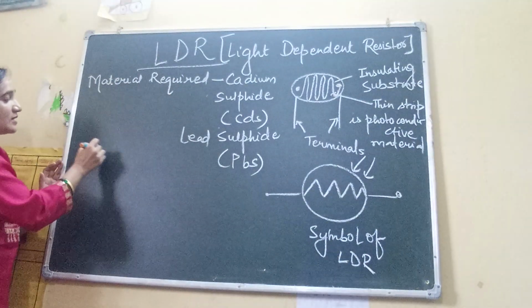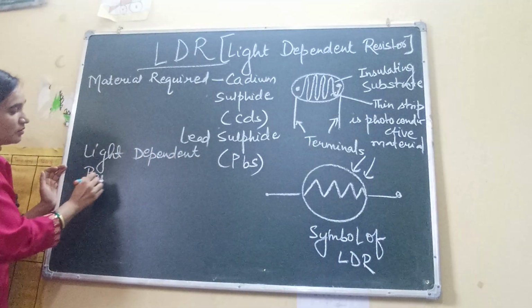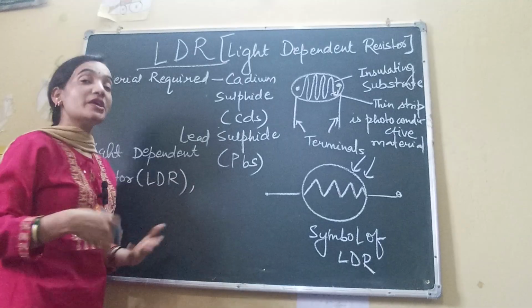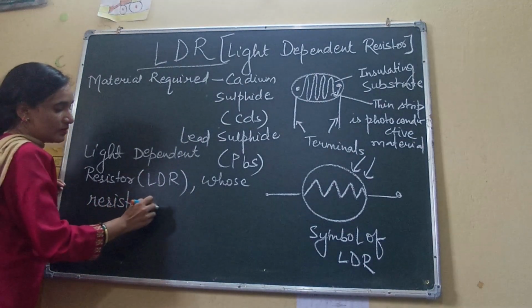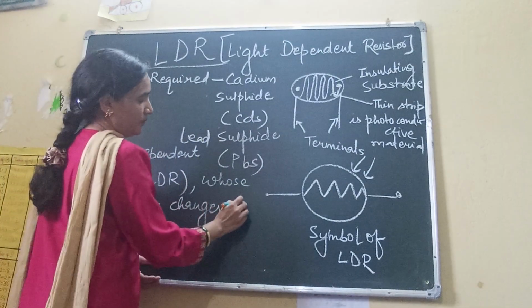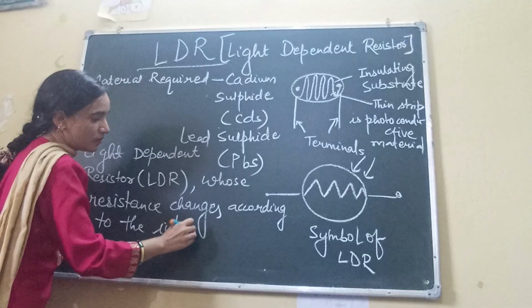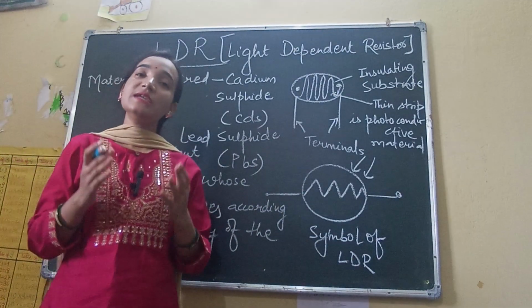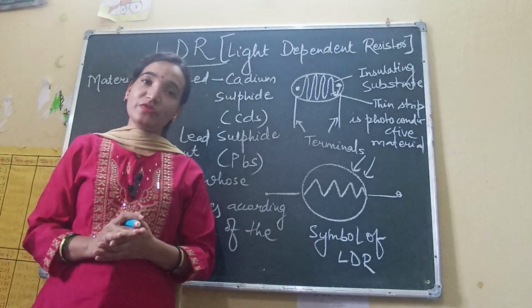So we can say a light dependent resistor, or LDR, is a resistor whose resistance changes according to the intensity of the light.